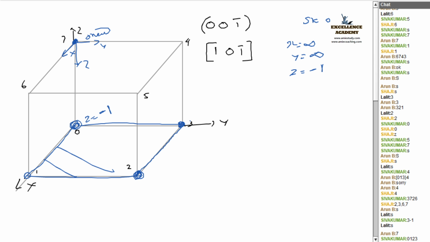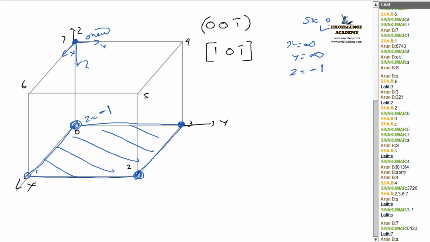So this is my answer. 0, 1, 2, 3 is the right answer. Is it clear to all? Give me the answer for the second one.